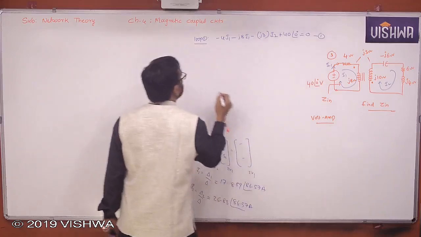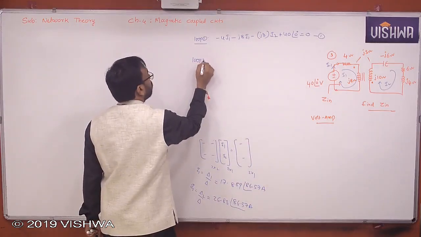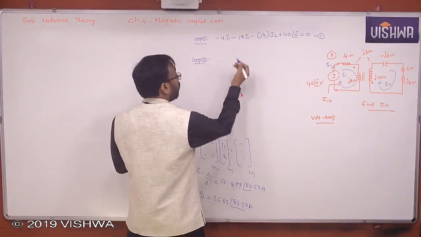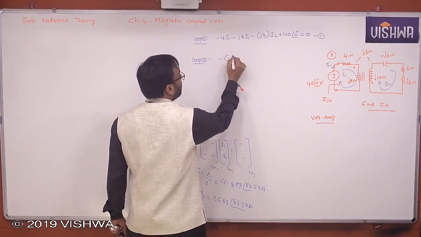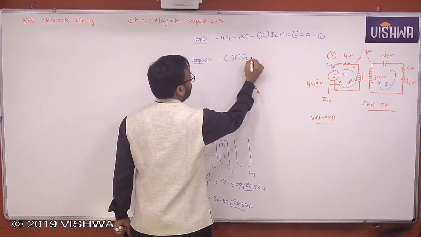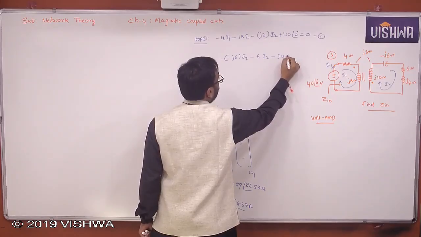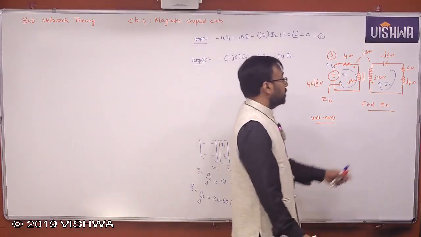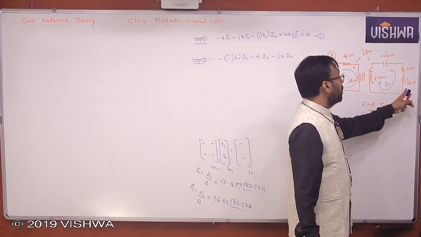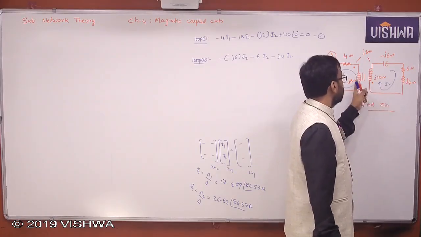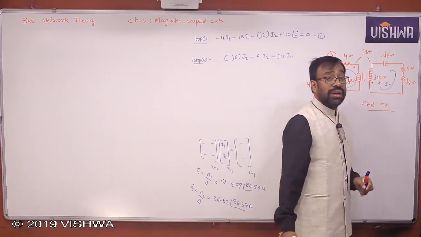Loop 2: minus of minus J6 into I2, minus 6 I2, minus J4 I2. You see here also there is an inductor, but there is no mutual relation between these. There are 3 inductors, but only between 2 inductors there is a mutual relationship.